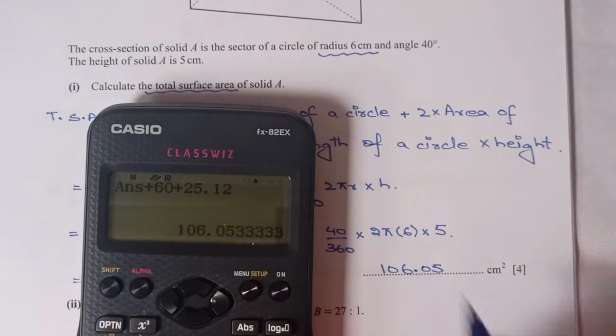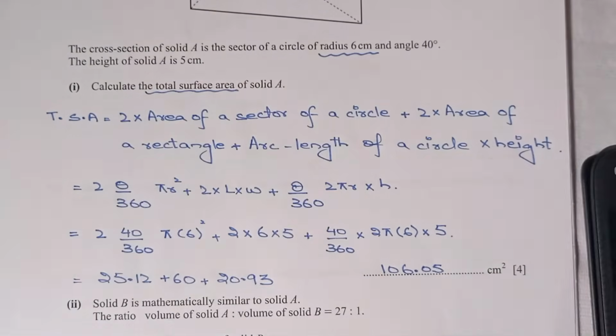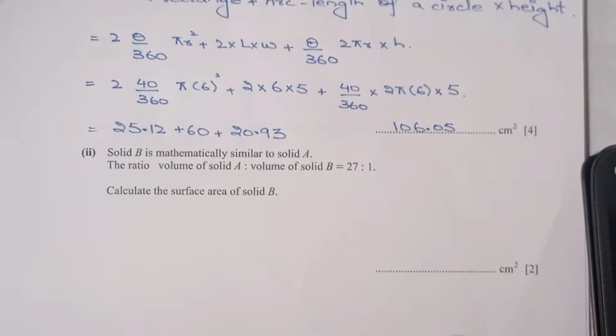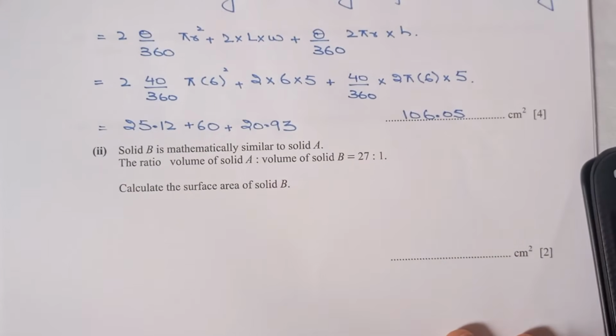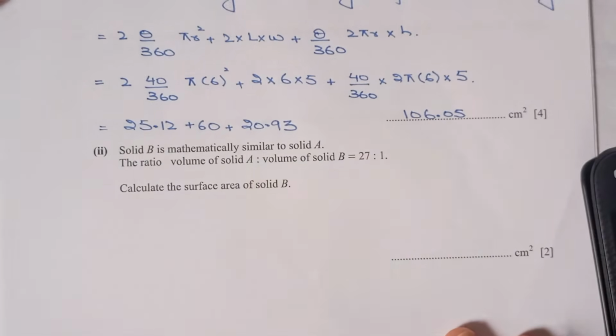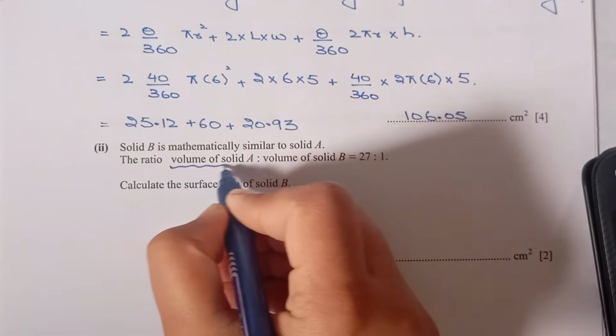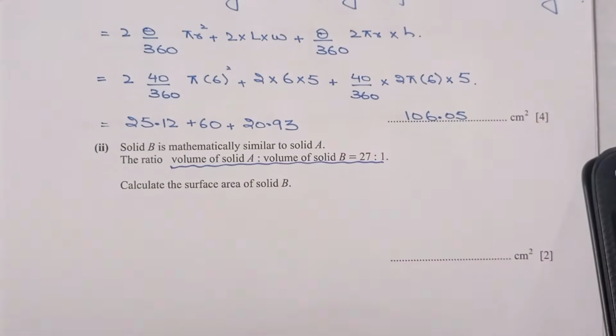106.05 centimeters squared. Now for the second part, solid B is mathematically similar to solid A. The ratio of the volume of solid A to the volume of solid B is 27:1. Calculate the surface area of solid B. So we are given the information about the ratio of the volumes.